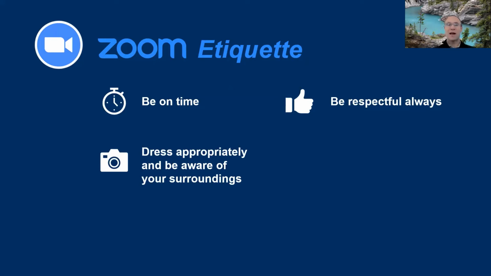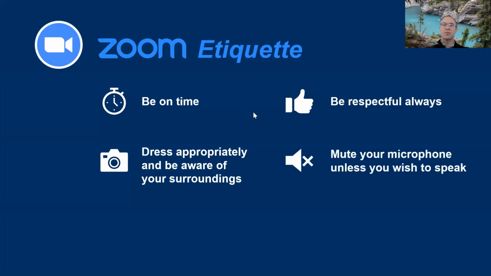If you're in class, you could be bothering people in your house. So just something to consider. Dress appropriately, be aware of your surroundings. I think somebody just had a dog bark a minute ago. That happens, right? There's all sorts of things going on in everybody's houses.